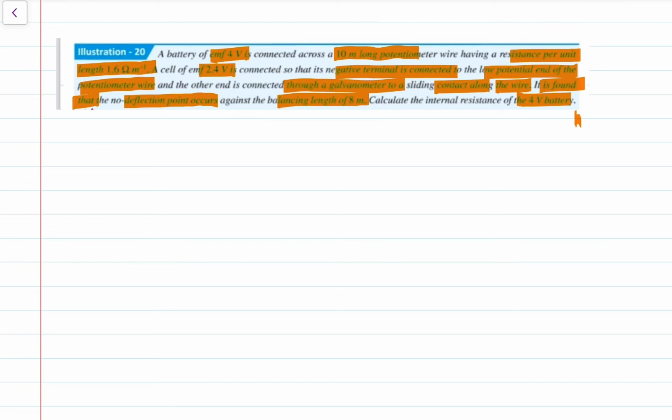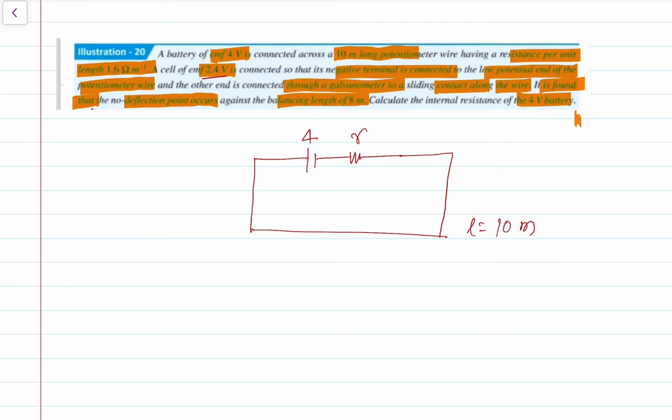Okay, so now let's solve this question. So here it is given a battery of EMF 4 volt. Okay, and we have to find the internal resistance of 4 volt battery. So let's take internal resistance of battery is r, and now the length of the potentiometer wire is given 10 meter, right? Now a cell of EMF 2.4 volt is connected so that its negative terminal is connected. So this is high potential end and this is low potential.